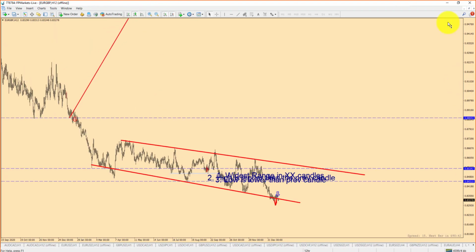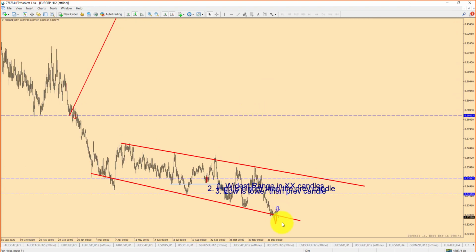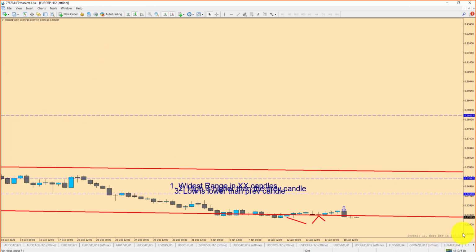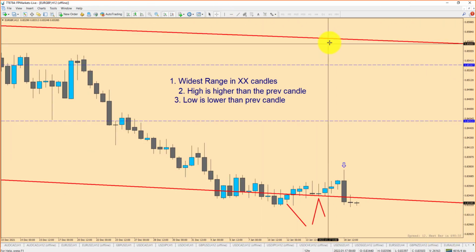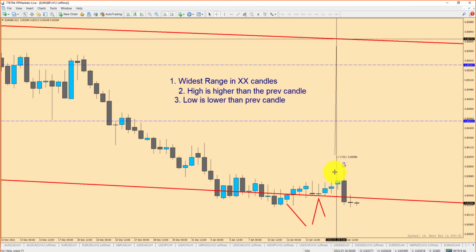Well, we'll see what happens, but in some ways I would expect it to go the distance of the channel, so probably 220, 230 pips from here.